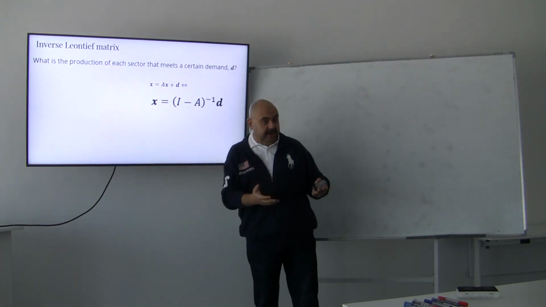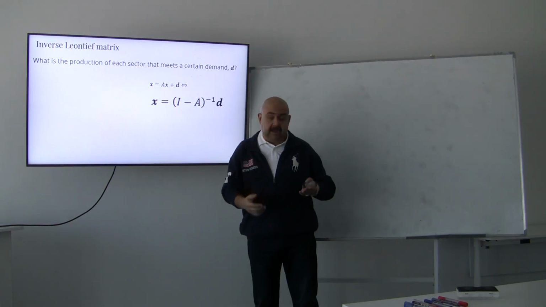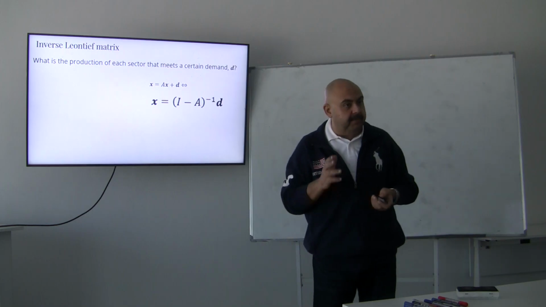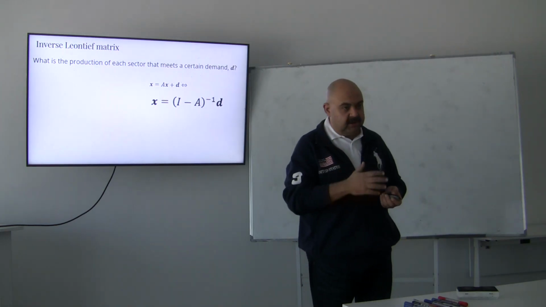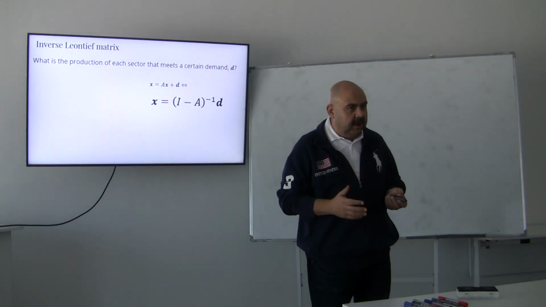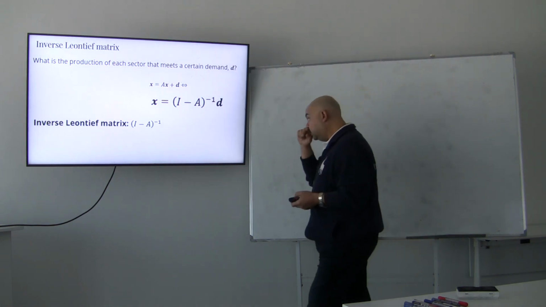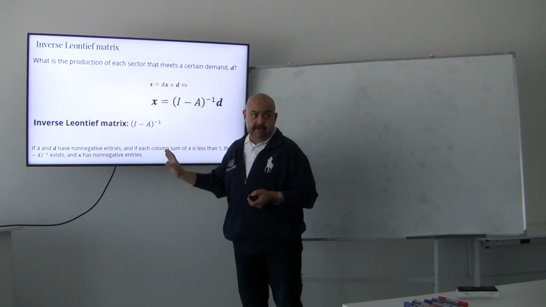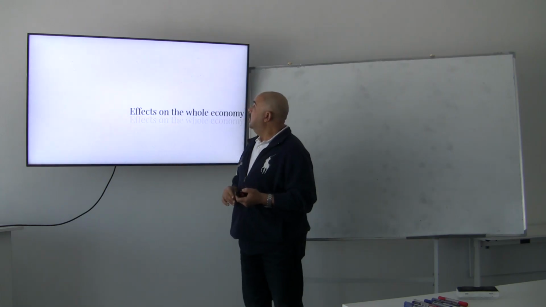Okay, so if you have the demand now, you can expect the amount of production required relative to each sector from the various economic sectors that exist in your economic system. This is called the inverse Leontief matrix. I want you to remember the name, of course.